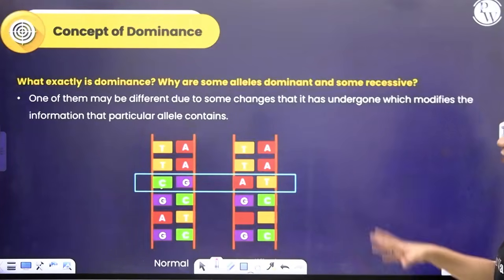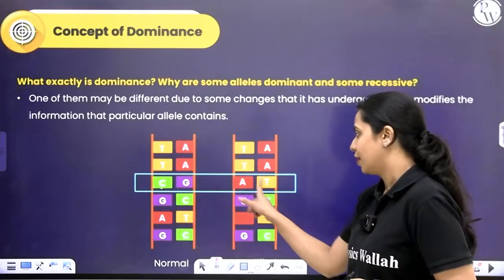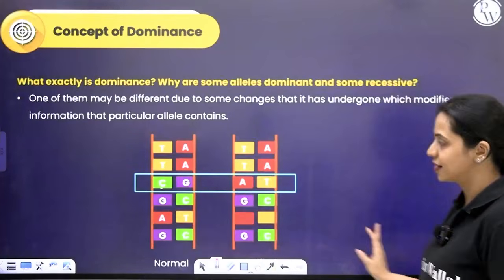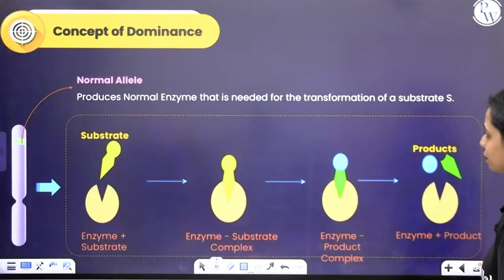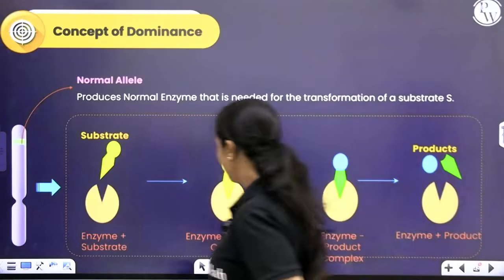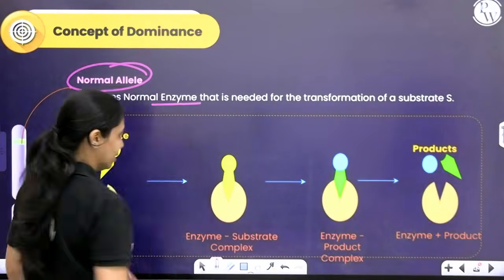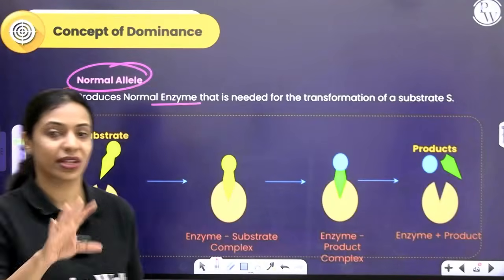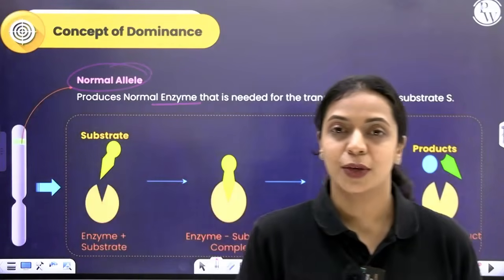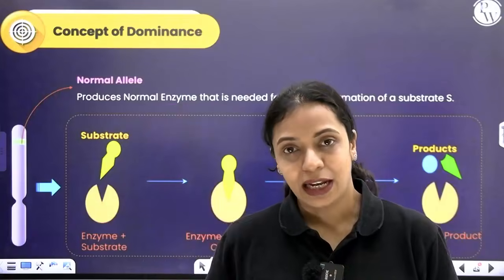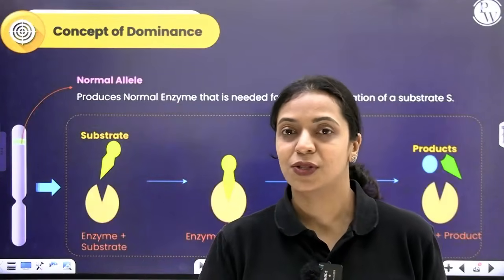Now let's say one such mutation has happened and here the nucleotide sequence is altered. So the normal allele produces a normal protein, which in this case is an enzyme. You know what enzymes do? Enzymes are biocatalysts. They help in the transformation of substrate to product.